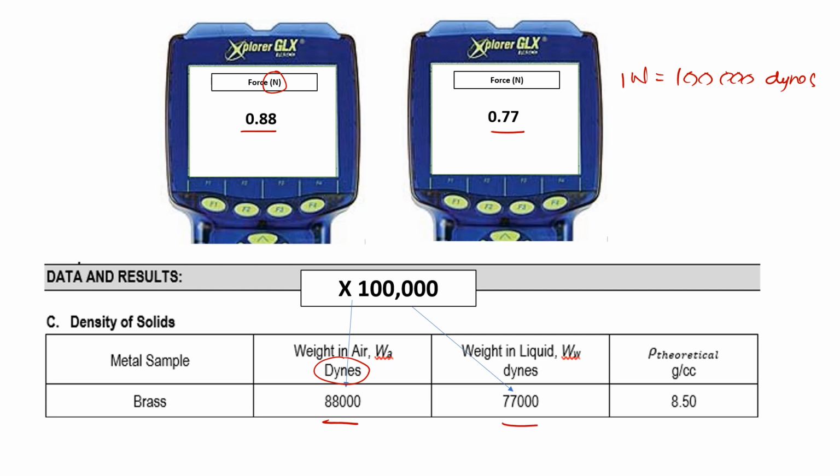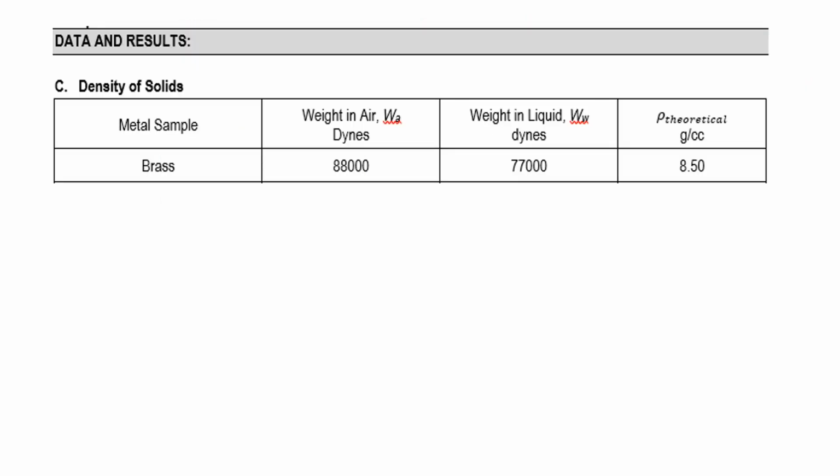And then for the metal sample, which is brass, the constant value is 8.50 grams per cubic centimeter. Given the following data, let us compute the experimental value of the density of brass as well as the percentage error. Density of solid is equal to weight in air multiplied by the density of water over weight in air minus the weight in water.